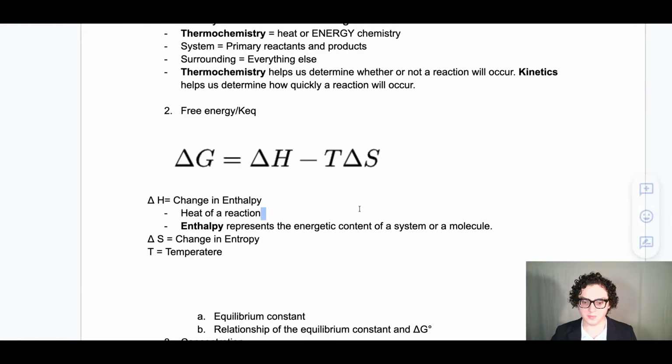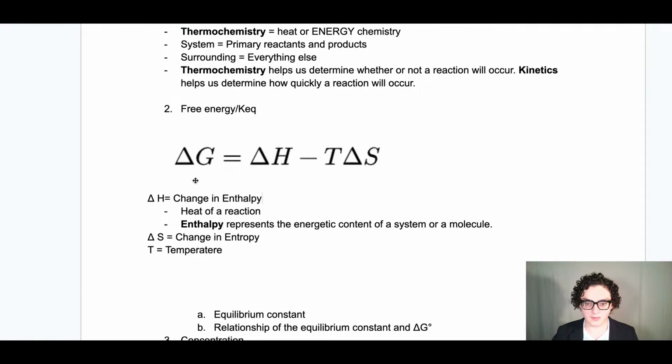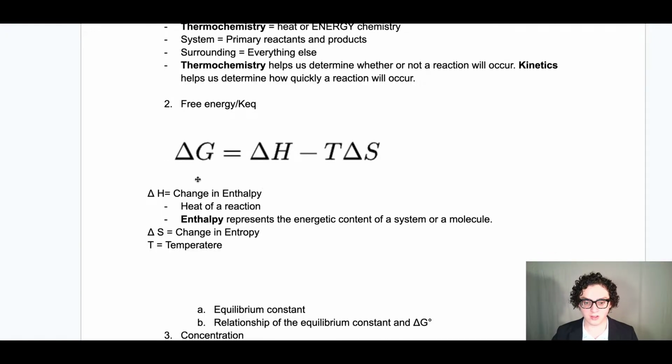Right off the bat, this might seem duplicitous because we've already discussed this value, delta G, which, as stated above, describes the energy of a reaction. And it does. But it turns out that the energy of a reaction is not as simple as just its heat or its energy, the energy content of its system.